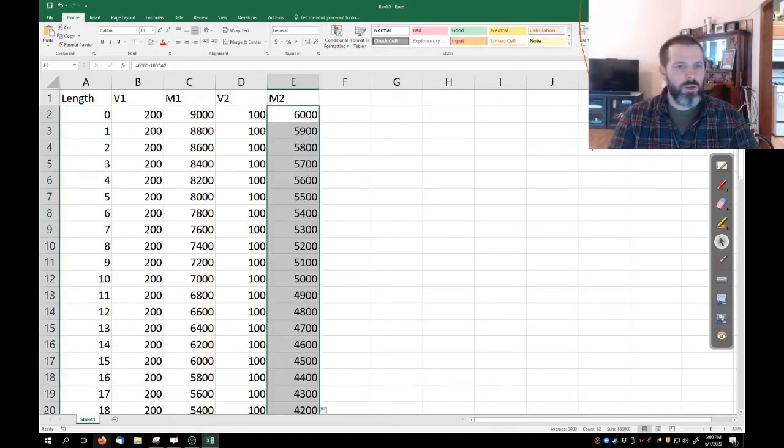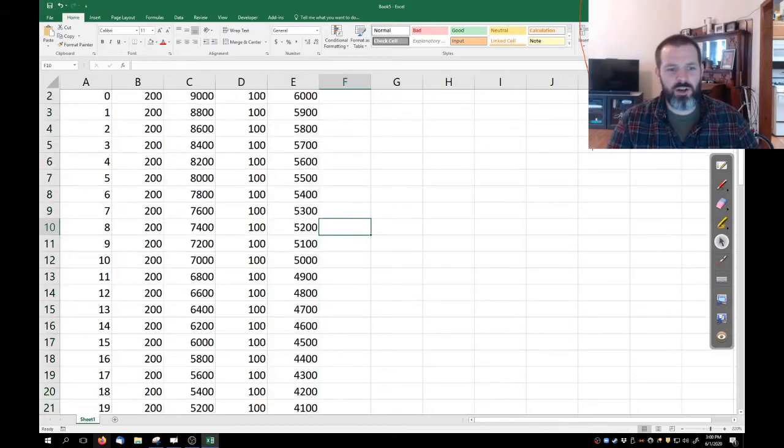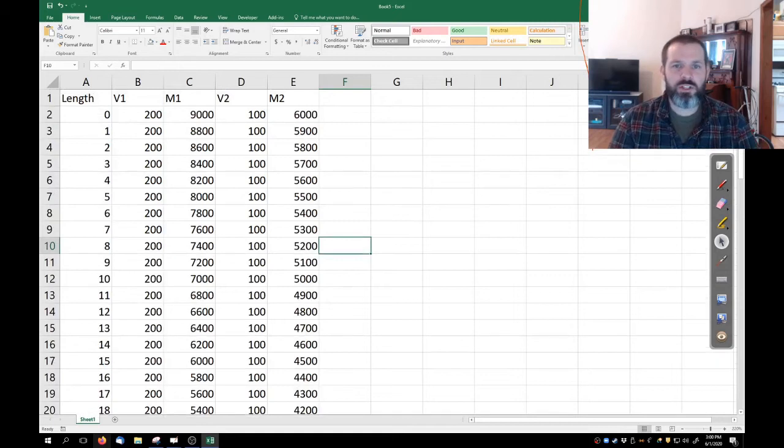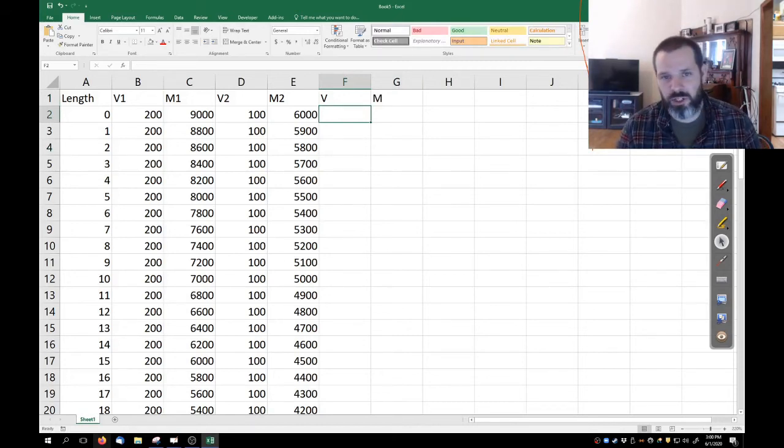Now, we've programmed all those equations, but they don't exist in all the same places. So what we're going to do is create a cell that chooses the proper function. We're going to call this capital V and capital M, which will give us the shear and moment. Our shear has two choices, and to choose between them, we're going to use an if statement.